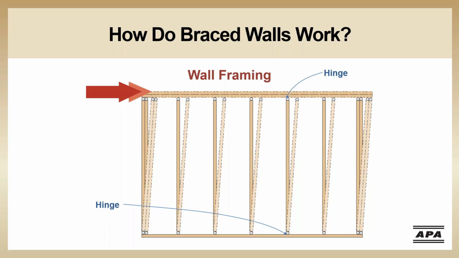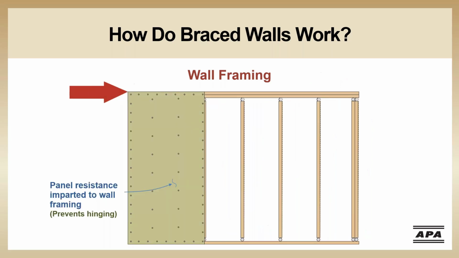The wall can be pushed over by a load applied to one end with minimal effort. When a panel type product is attached to wall framing, the panel's ability to resist forces is imparted to the wall. This is why panels are commonly used as bracing. They resist being forced out of shape.